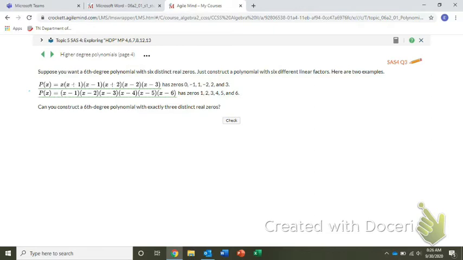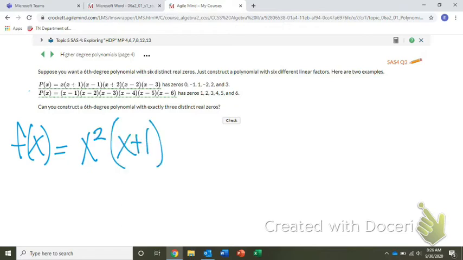The first one that I thought of, yours can be completely different than mine, or you can use mine. f of x equals x squared, x plus 1 squared, and x minus 2 squared.